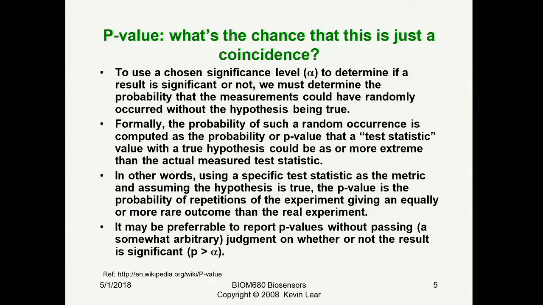I don't think I'm going to read through all of this, but basically the key is that when you're doing this, you hypothesize the so-called null hypothesis. And the null hypothesis is there is no difference between these two populations, okay? There is no difference in the performance in this class based on whether you're an undergraduate student or a graduate student. That's the null hypothesis.